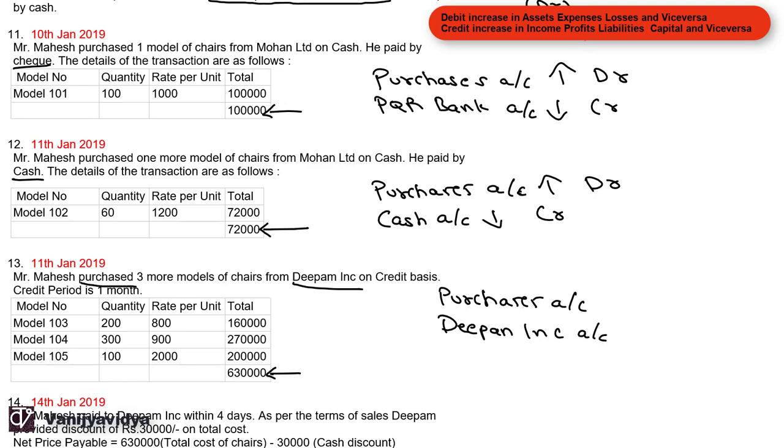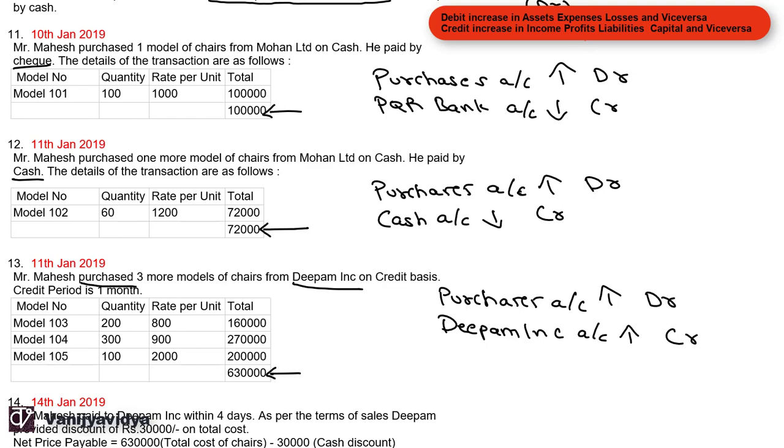Now, purchases account is an expense, there is an increase since we are purchasing. So, we will debit. Deepam account, since we are obliged to pay him after 1 month, he is a liability. Now, since we have purchased the goods, there is an increase in the balance of Deepam account. So, we will be crediting that account.